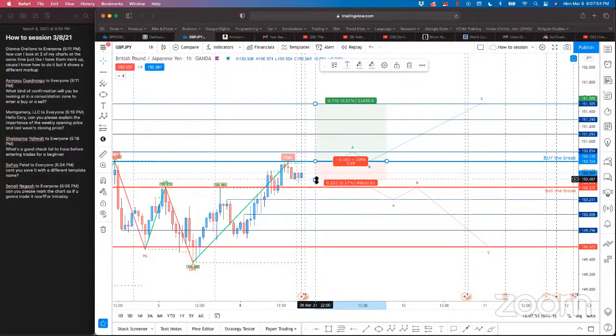And at worst case, I will use the entry for the sell as my stop loss, putting it just below there. So best case stop loss here. Worst case stop loss here.